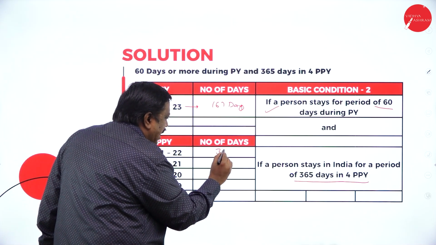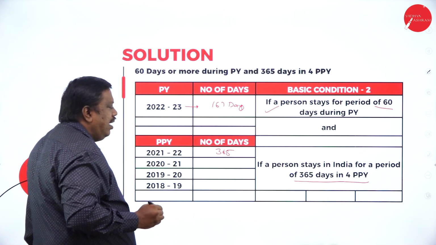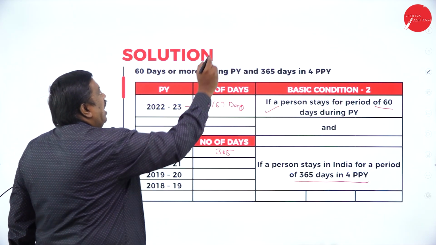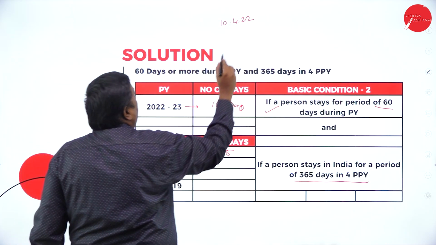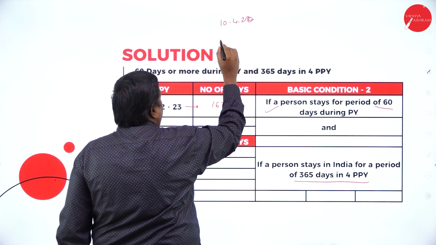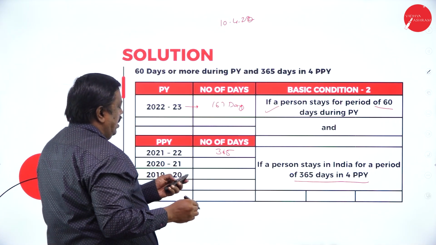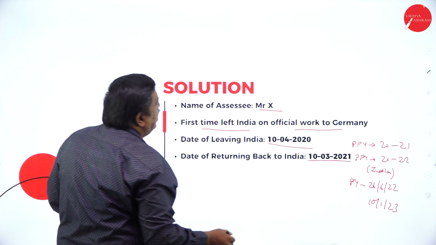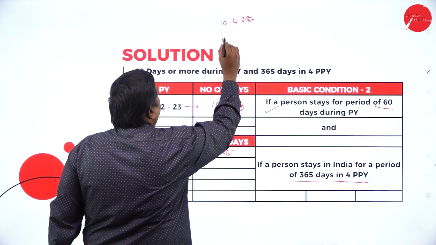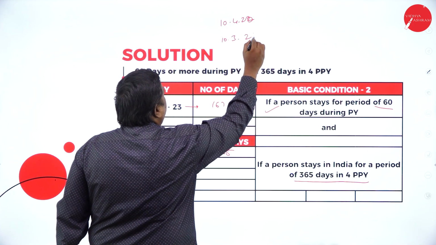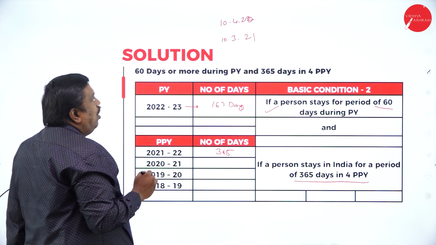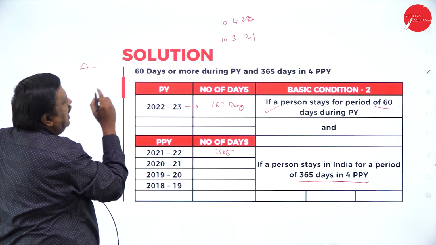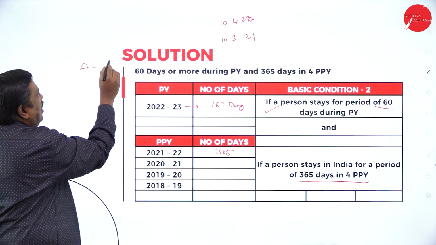2021-22, I was in India. 2020-21, I left India on 10th April 2020 and returned back on 10th March 2021. So in the month of April, I was in India for 9 days.